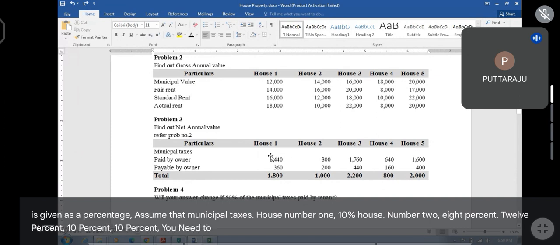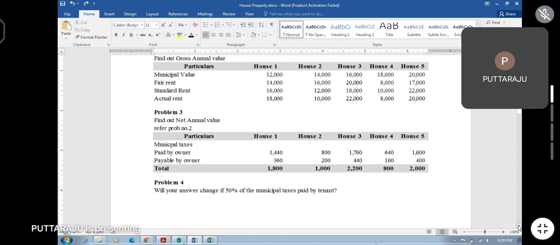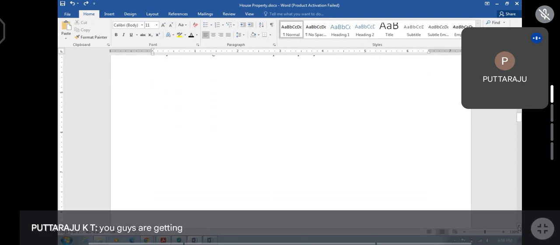You need to apply that percentage on the municipal valuation. Municipal taxes percentage is given, need to apply on the municipal valuation. Understood? You guys are getting it? Yes, sir.